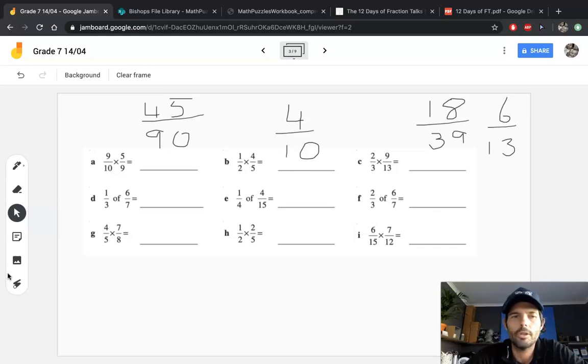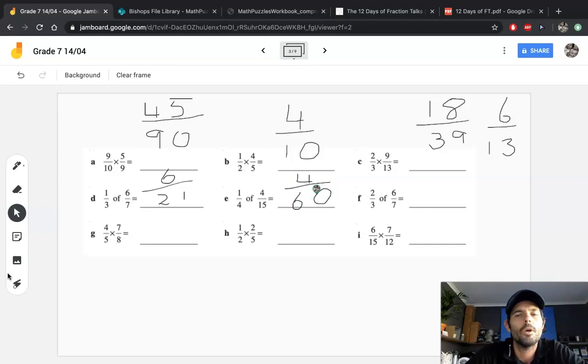So nothing changes. I multiply 1 and 6 together and I get 6. Then I multiply the 3 and the 7 together and I get 21. You can simplify that because 3 goes into both 6 and 21. So 3 goes into 6 twice and into 21 7 times, so 2 over 7. For E, 1 times 4 is 4, over 4 times 15 is 60.